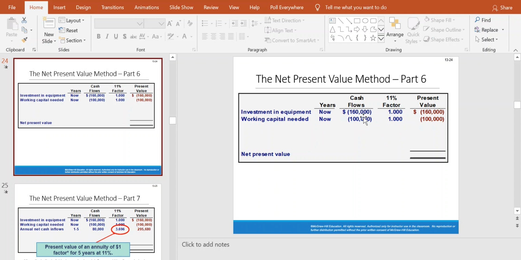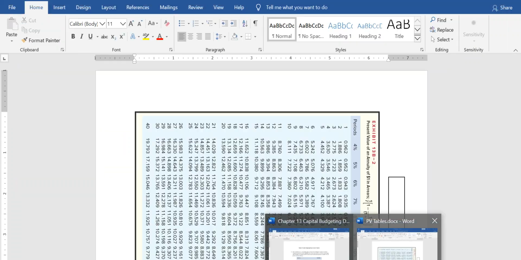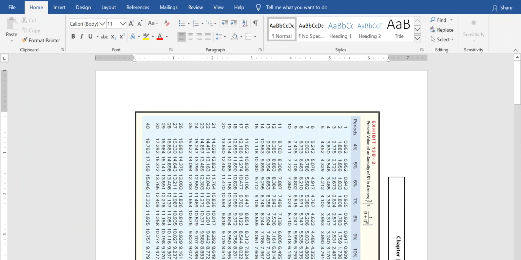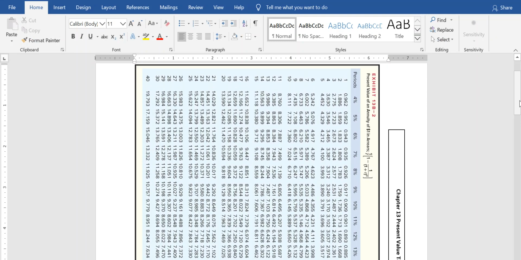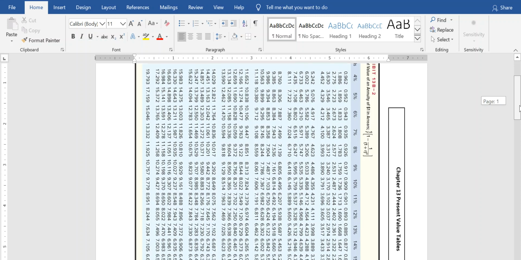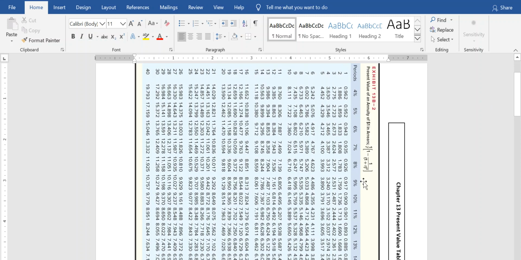Now, let me explain what these present value, future values are. Some of you may have had this already, and if you have, that's great. If you haven't, I'm going to try to explain it as well as I can here. This is a present value of an annuity table, and these tables work like this. Across the top, you see the interest rate.